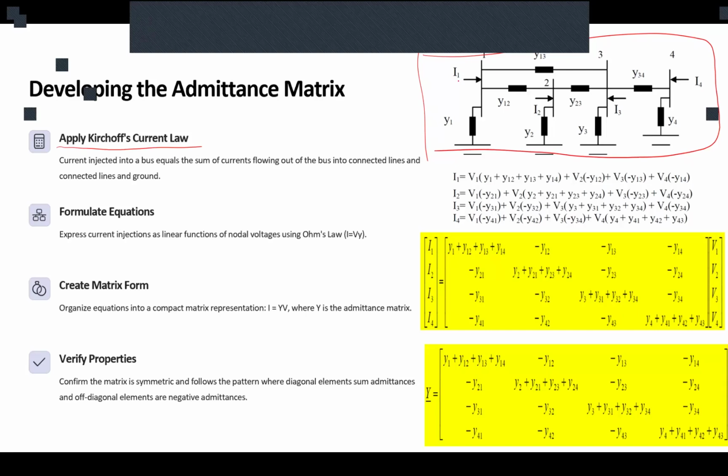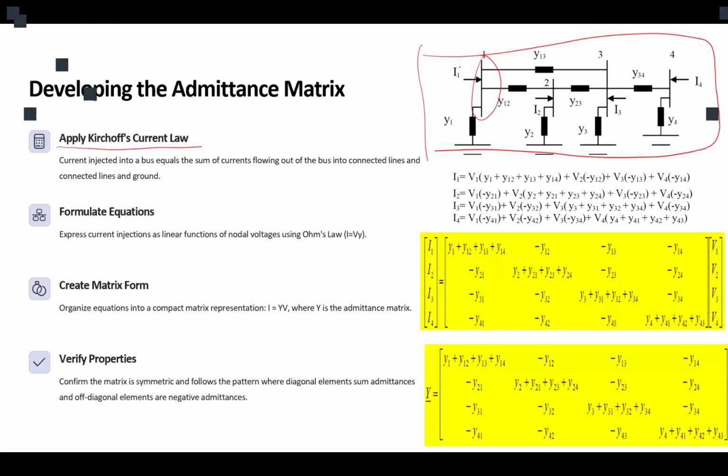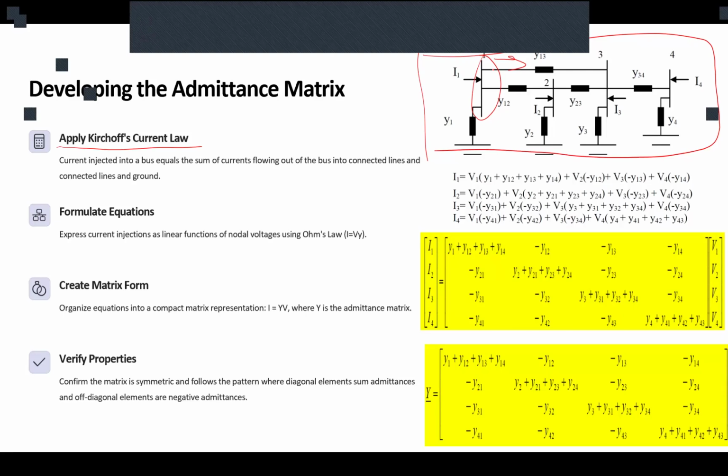Now, let's go for I1. What is I1? If you do the KCL in bus 1, which is node 1, you know KCL means the summation of all the current should be 0 regardless of direction. So injecting current is equal to consuming current. Current in equals current out. So here we have this 1 to 3 current plus 1 to 2 current, and it should be equal to I1, correct?